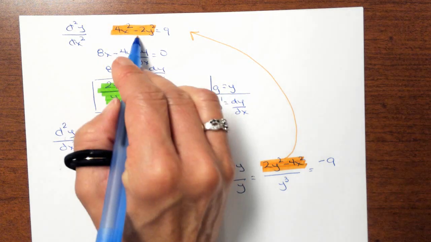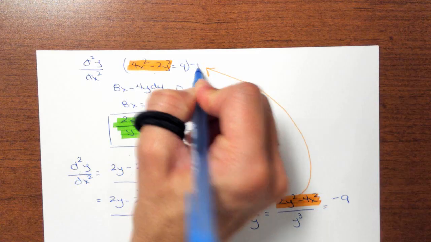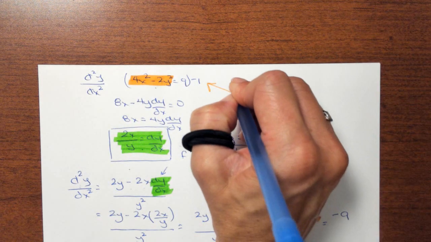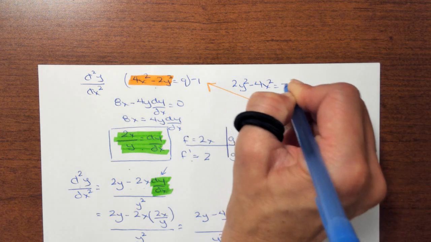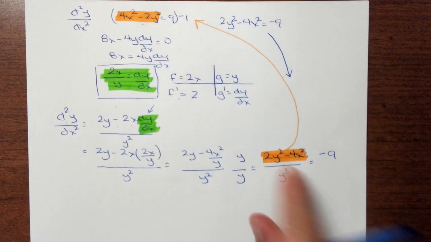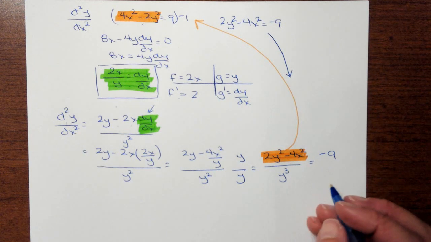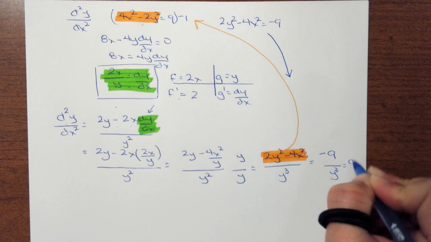It is the exact opposite, because if I were to multiply this whole thing by a -1, you are left with 2y squared minus 4x squared is equal to -9, which then takes you back down to the bottom. So you do need to make that substitution. So this is actually -9 over y cubed, which is the second derivative.